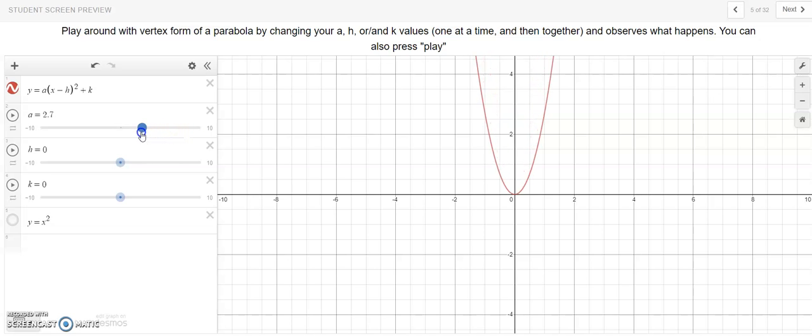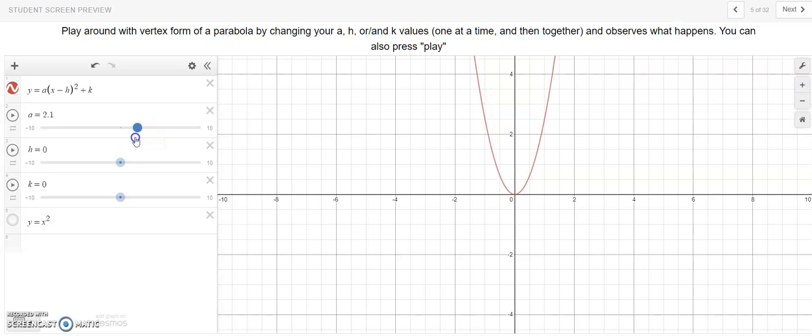What's actually happening is the graph is stretching. So again, I was here at 1. As I get higher than 1, the further I get from 1, the skinnier or the more it stretches. So it's said to have a vertical stretch.